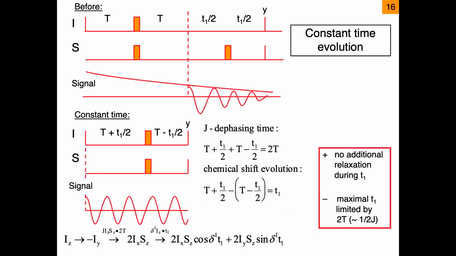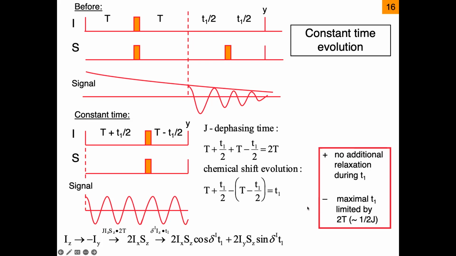Because the J coupling is weak, 15 Hertz, you have a long time. But if the J coupling gets stronger, then the time gets shorter. So proton to nitrogen coupling, proton to carbon coupling will give you very short times, and then you would not have a very long acquisition time, and this is limiting your resolution. So this does not work so well, but for these weak couplings, it works.